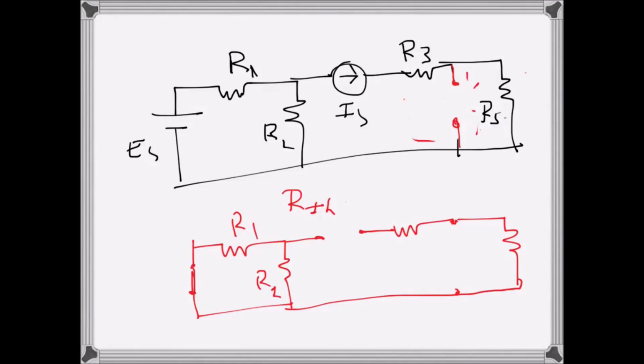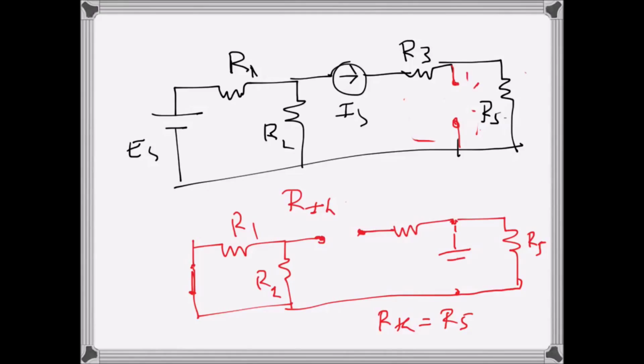Now we can see there is a break in the circuit here, so the resistance will be R5. R Thevenin will be R5, because the concept of finding equivalent resistance is, if a source is connected here, what resistance will it see.